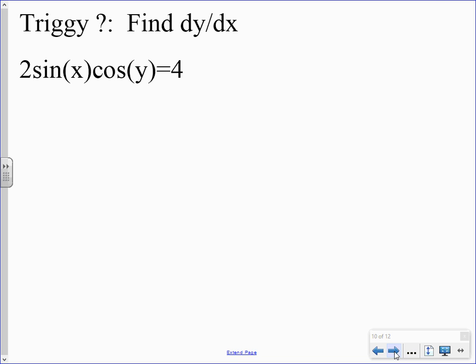Is this an explicit or an implicit function? It is implicit. We don't have y equals. On the left side of our equation, what strategy are we going to need to apply? We have a product: 2 sine of x times the cosine of y. So this helps. What is the derivative of our first function, the part I underlined in blue?